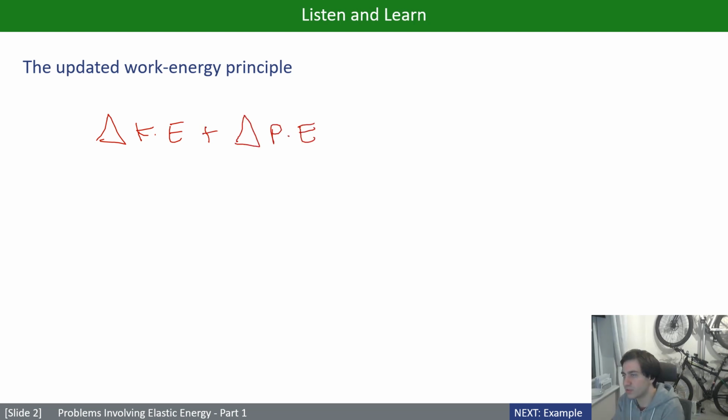So the sum of the change in kinetic energy plus the change in potential is the same as your work done, which is easily expressed as work in minus work out. Now, before we knew about elastic potential energy, we may have just included it within this work in, work out. But now, because it's got this special designation and its own formula, a bit like PE, we're going to include it on this left-hand side now.